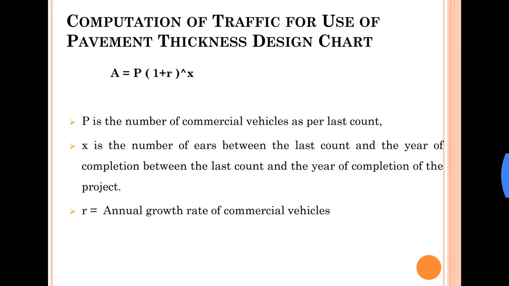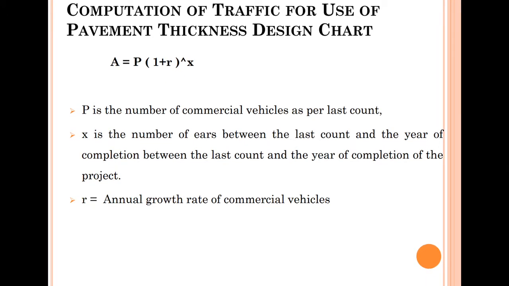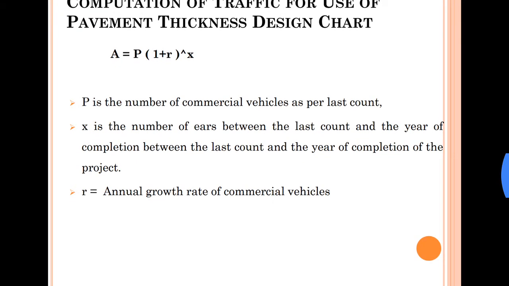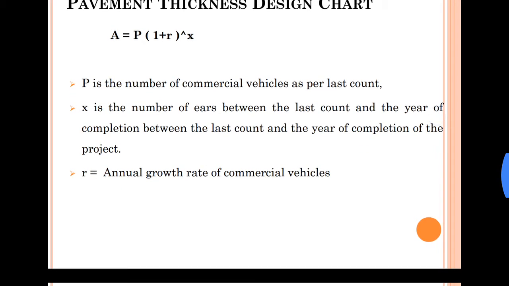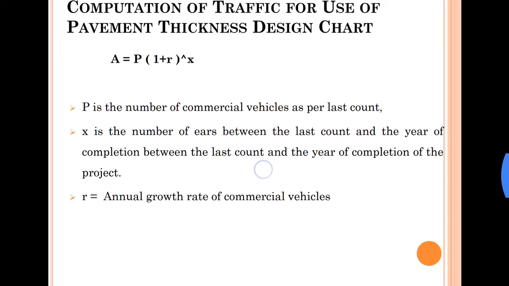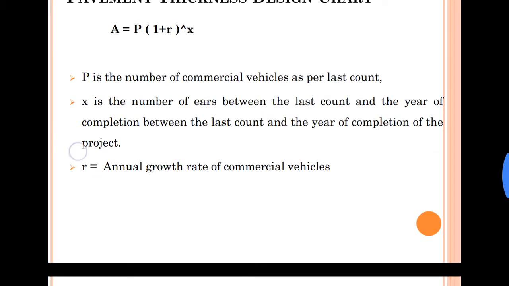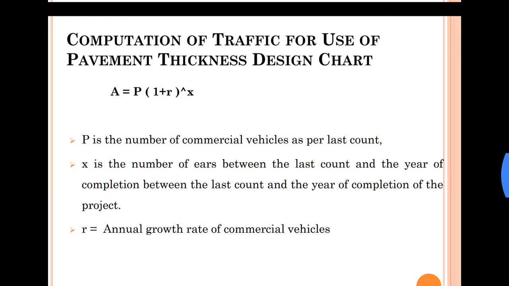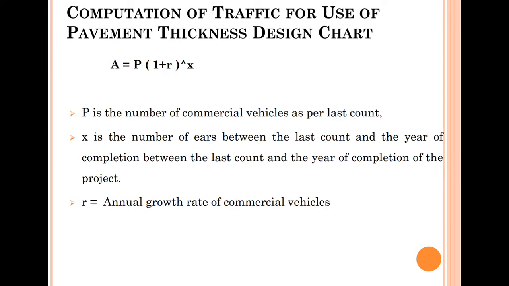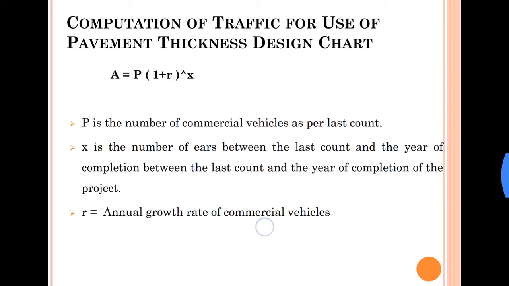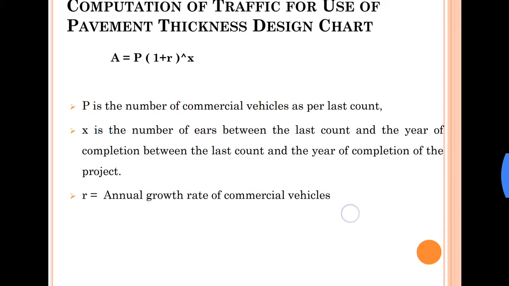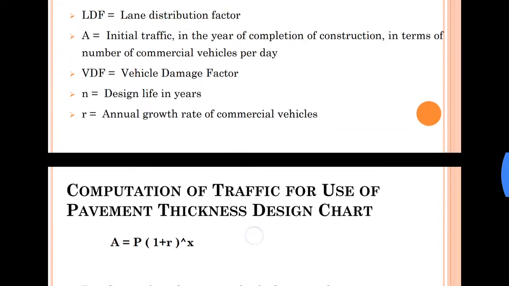Then what is X over here? It is the number of years between the last count and the year of completion of the project. So this X is nothing but the construction period of that road. Then R is the annual growth rate of commercial vehicles. It is the same.